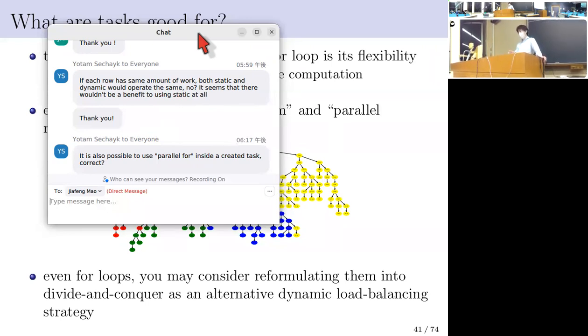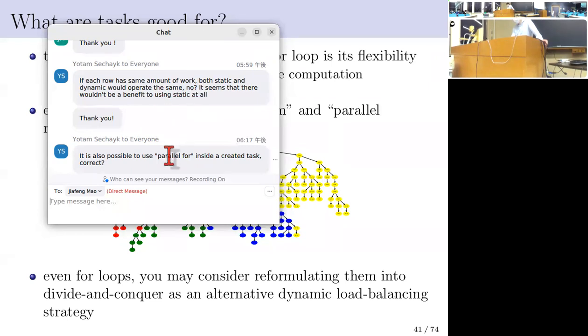The OpenMP specification specifies what exactly happens in these circumstances, but generally speaking, the nested parallel region is ignored. Syntactically, it is okay to have another parallel region inside a task, but normally it doesn't bring any benefit.